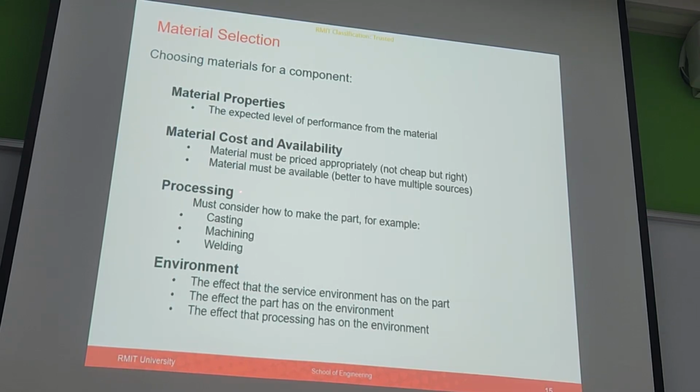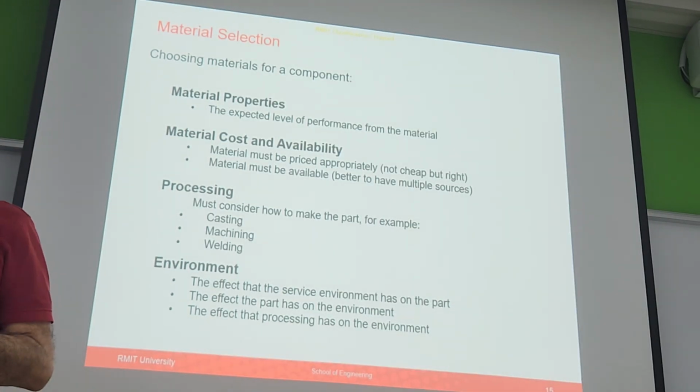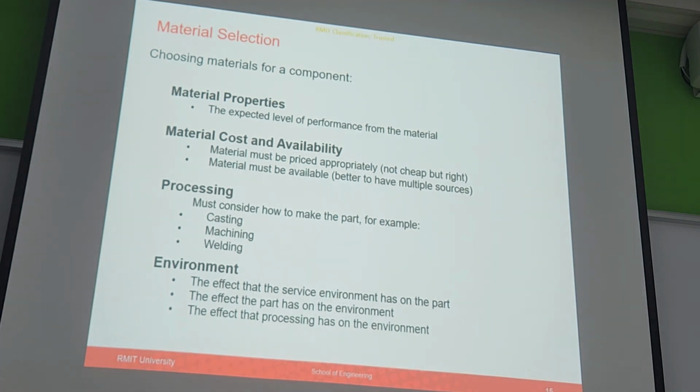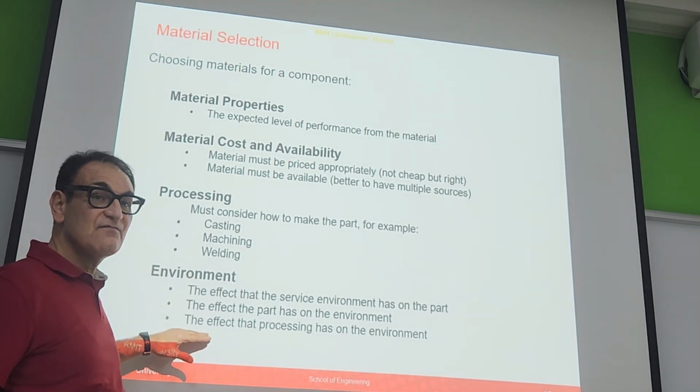What is the process for the material? What is the environment of that? The environment these days is very, very important, more than others. And around the world, most of the countries are trying to find a good material that is friendly with the environment.